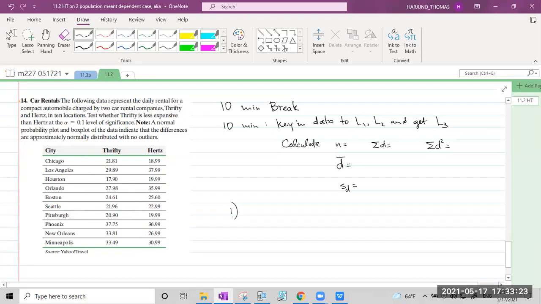The hypothesis test says, claim: this is the daily rental for a compact car charged by 2 car rental companies, Thrifty and Hertz, in 10 locations. Test whether Thrifty is less expensive than Hertz.